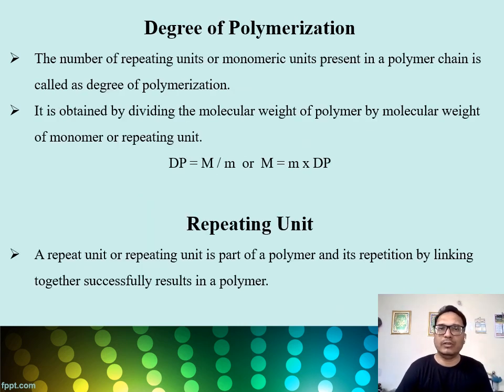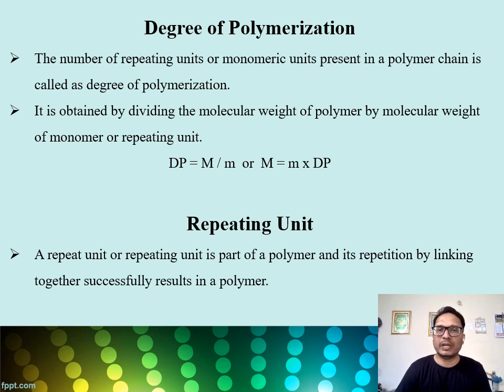The number of repeating units or monomeric units present in a polymer chain is called the degree of polymerization. It is obtained by dividing the molecular weight of a polymer by the molecular weight of a monomer or of a repeating unit.